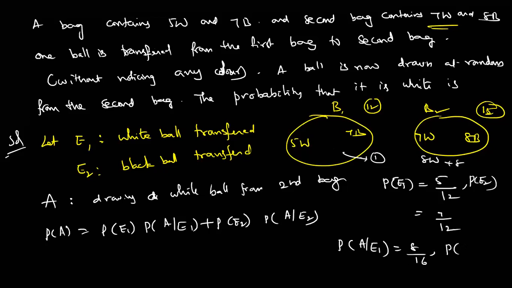What is the probability of drawing a white ball when the black ball is drawn? Anyone? Come on. So in this case also drawn. What is the case? No. Check it. Answer is coming 7 by 16.